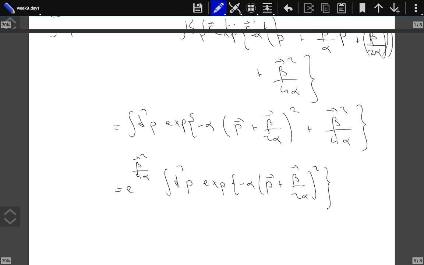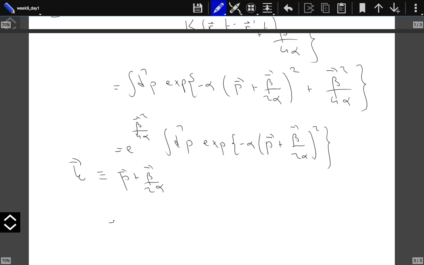Okay, there's just one more step left. I will just define a new vector k to be p plus beta over 2 alpha. I'm just changing my variables. Instead of p, I'm just integrating over this k. So this is e to the power beta squared over 4 alpha, d cubed k, e to the power minus alpha k squared.